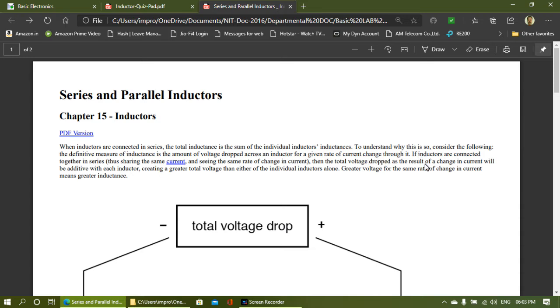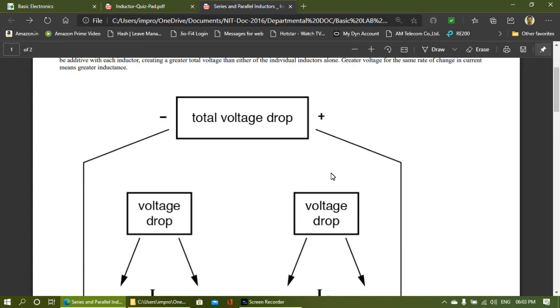If the inductors are connected together in series, thus sharing the same current, as with resistance, and seeing the same rate of change in current, then the total voltage dropped as a result of a change in current will be additive with each inductor, creating a greater total voltage than either individual one, just like resistance.